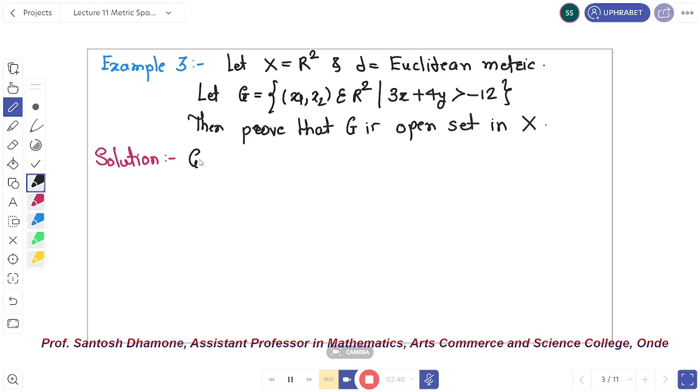This implies that x1 is equal to minus 4. We draw a figure.